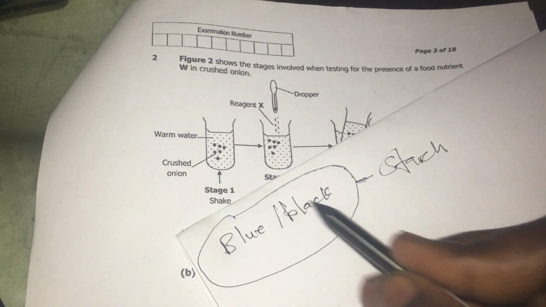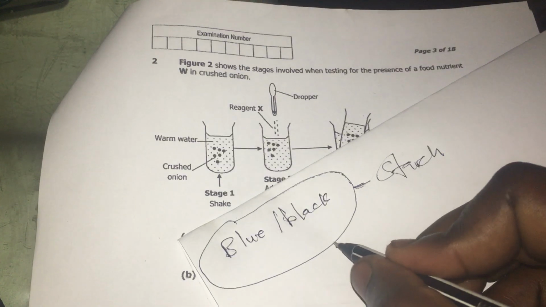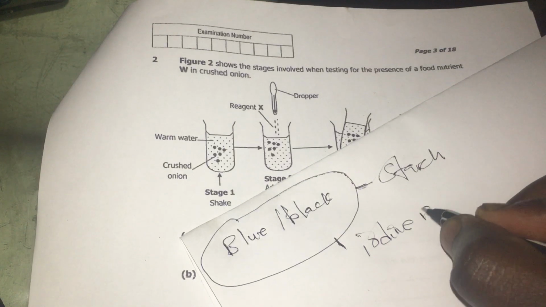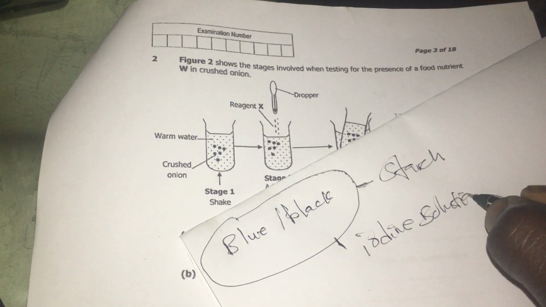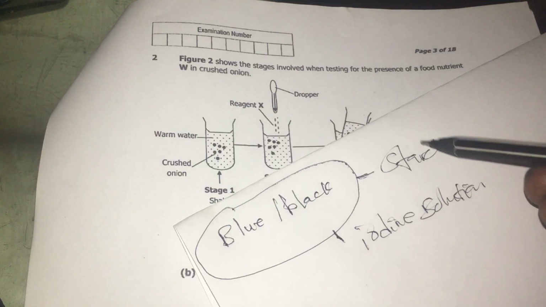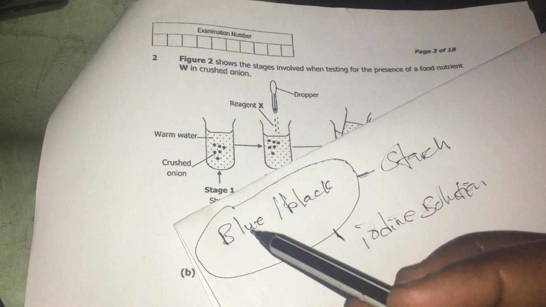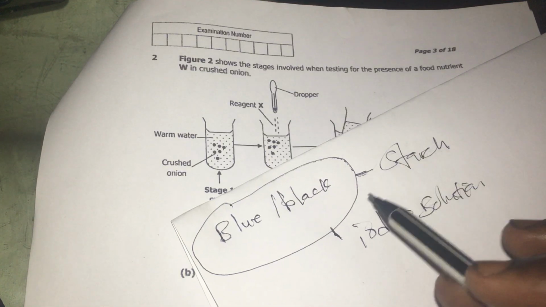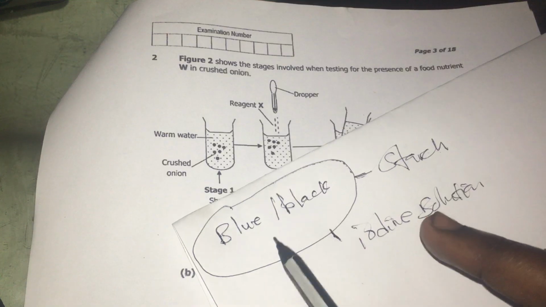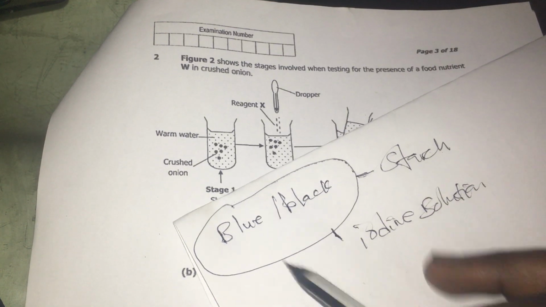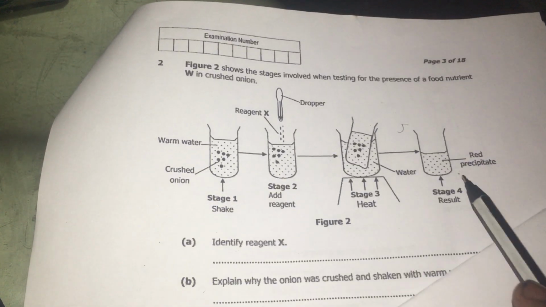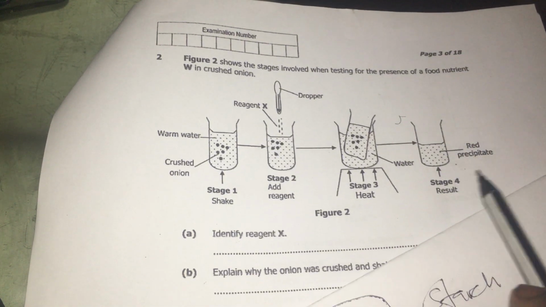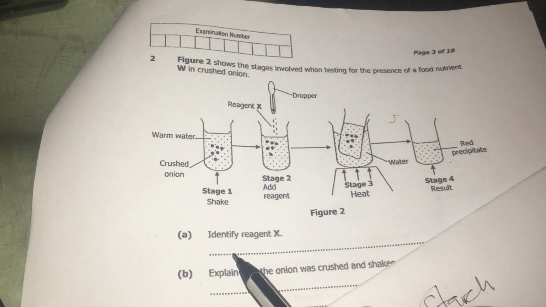The reagent that will be used to test for starch is called iodine solution. So the iodine solution will be used to see if starch is present or absent. So here, if the ending result was blue-black, we would have known the reagent used here is iodine solution.